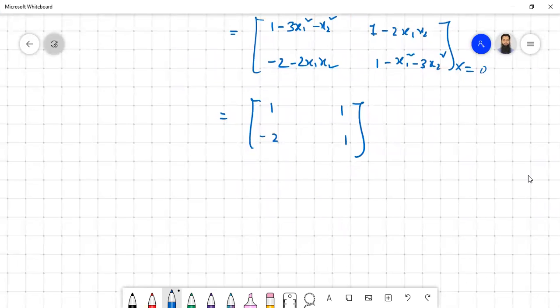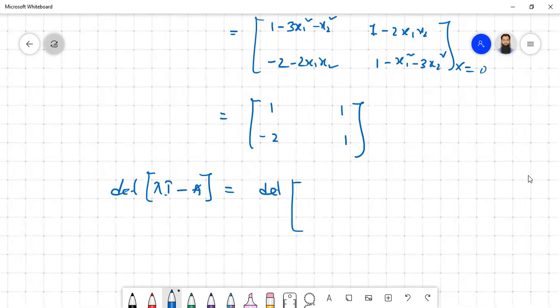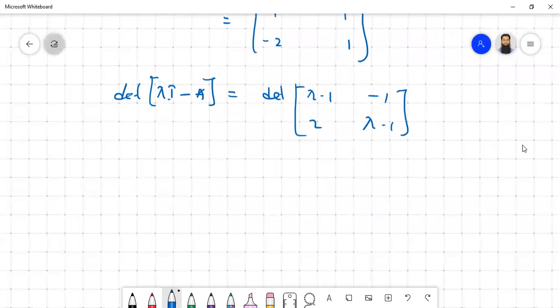Now the determinant of lambda I minus A. I'm just skipping a few lines, I hope you'll be able to do it. That is the determinant of lambda minus 1, 1, 2, lambda minus 1. So what we have is lambda minus 1 whole square plus 2. Simplifying, lambda square minus 2 lambda plus 3.